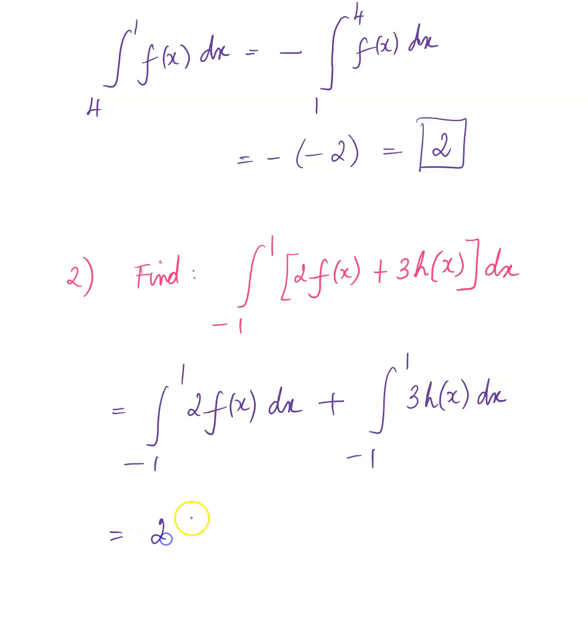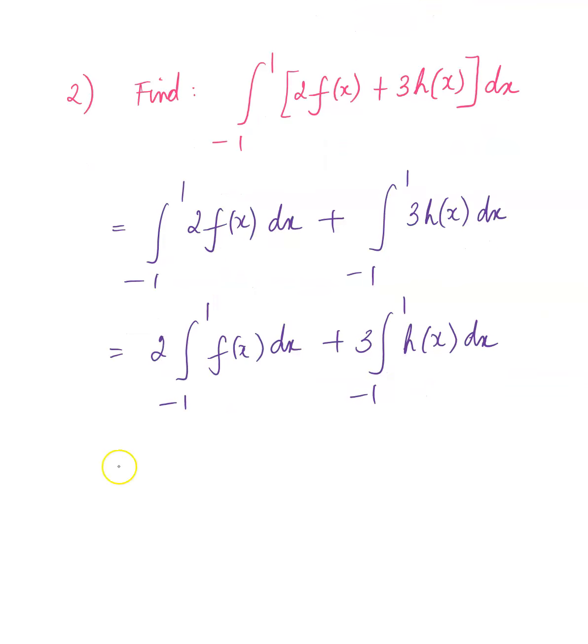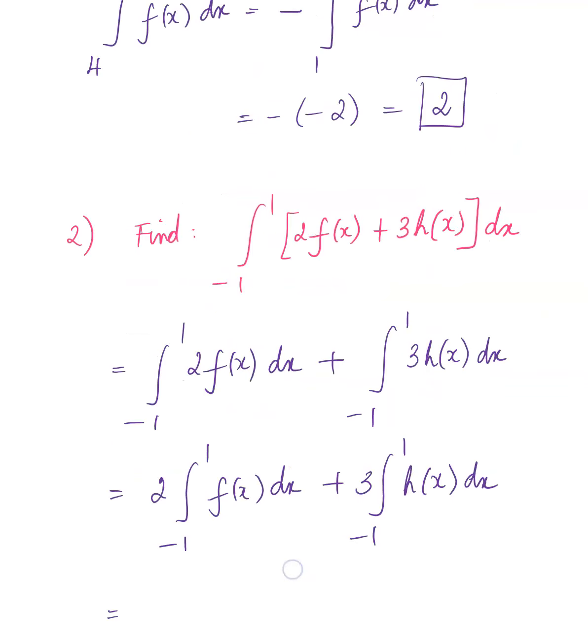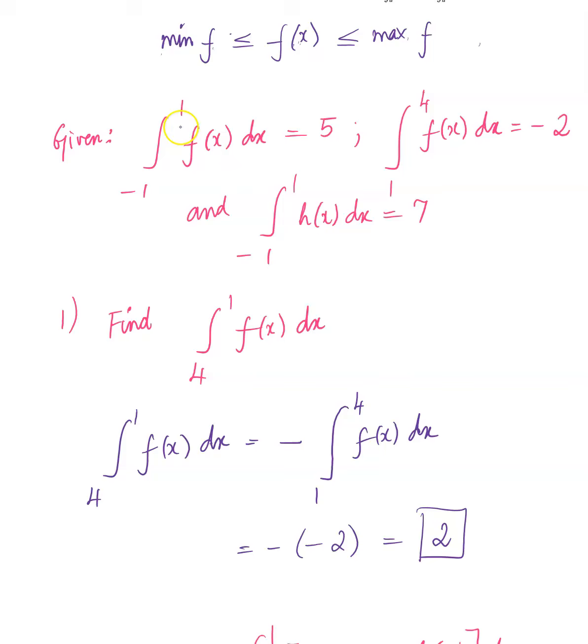Pull out the 2 because that's a constant. We're interested in just the variable of integration. So if it involves x, keep it in the integrand. If not, bring it outside the integral. So this is negative 1 to 1 f of x, and negative 1 to 1 h of x. Negative 1 to 1 f of x is 5.